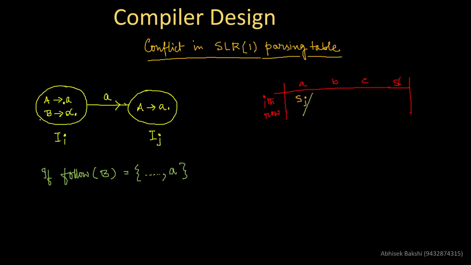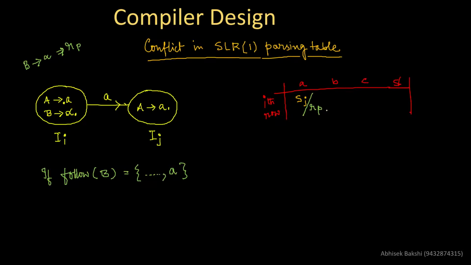For example, B to α, assume this is some Rp-th production rule, then only this Rp will be present. But if this follow of B doesn't contain this a, then Rp will never come here, and naturally you will find that there is no clash.